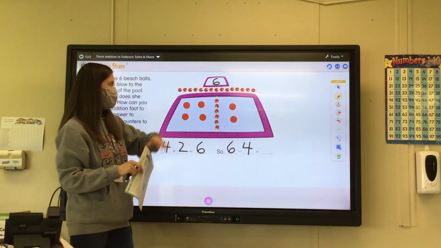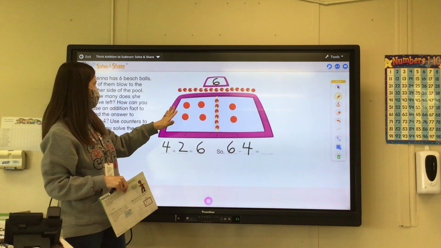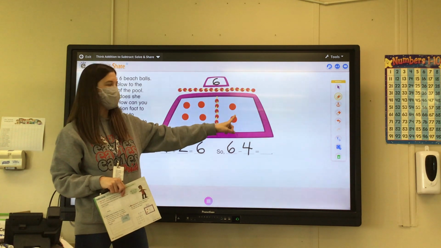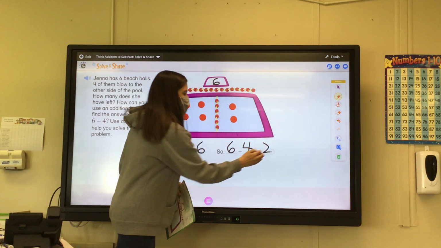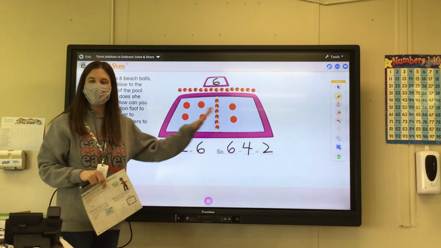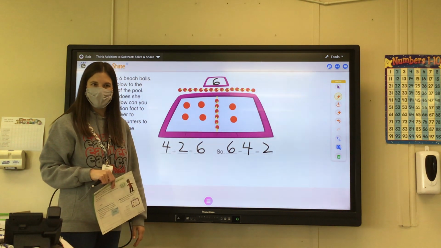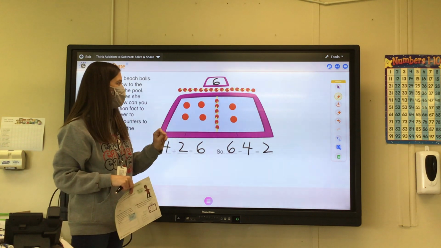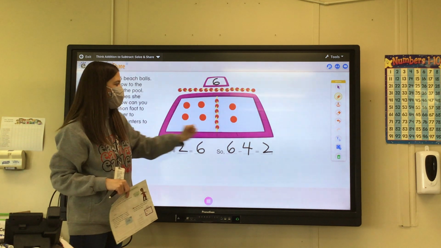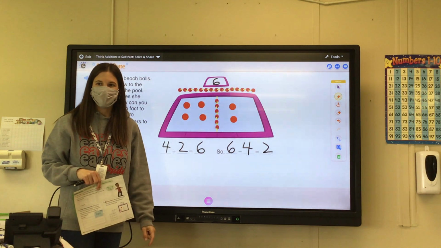So she had 6 balls. 4 balls blew to the other side of the pool. How many were left? 2, then, right? You see how the addition equation helped you solve the subtraction equation. 4 plus 2 equals 6. The 2 parts equal the whole, or the whole minus one part equals the other part.